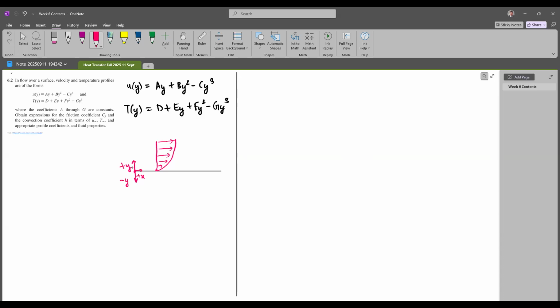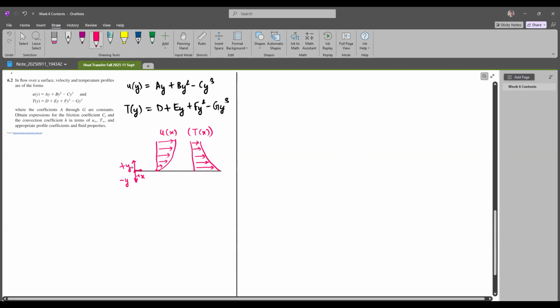This is how the velocity profile is. The temperature profile is opposite, so something like this, because the plate is hot and the surface atmosphere is cooler compared to the plate. This is velocity profile u as a function of x, and this is temperature as a function of x.